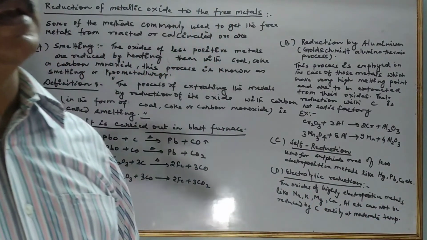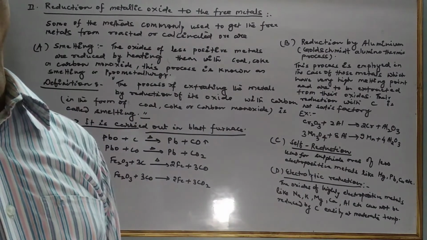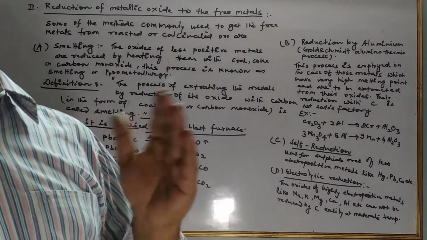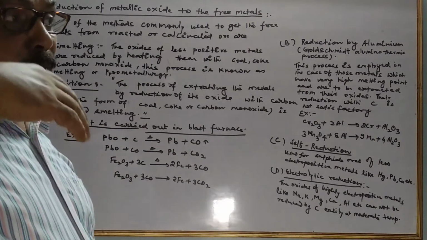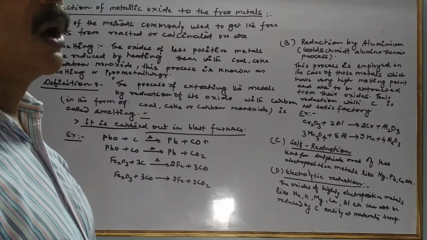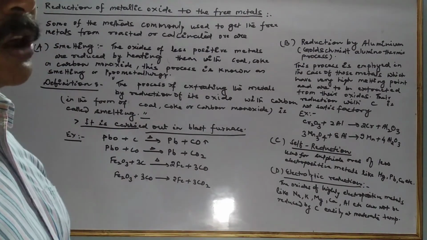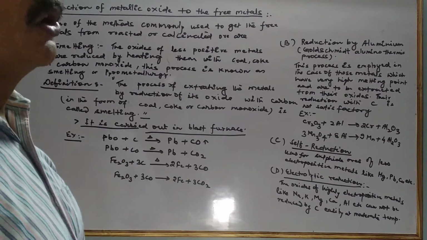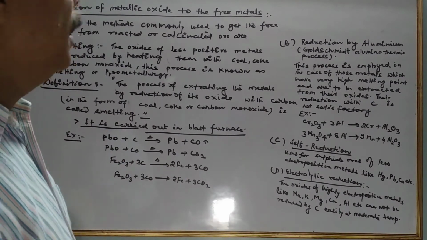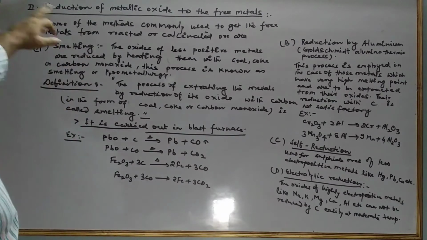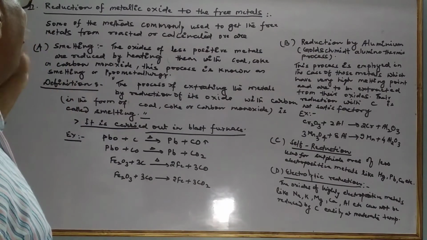Once the concentrated ore is converted into the metallic oxide, then in the extraction of crude metal, the task ahead of us is to convert the metallic oxide into the crude metal, and that stage is known as reduction. So reduction is smelting.